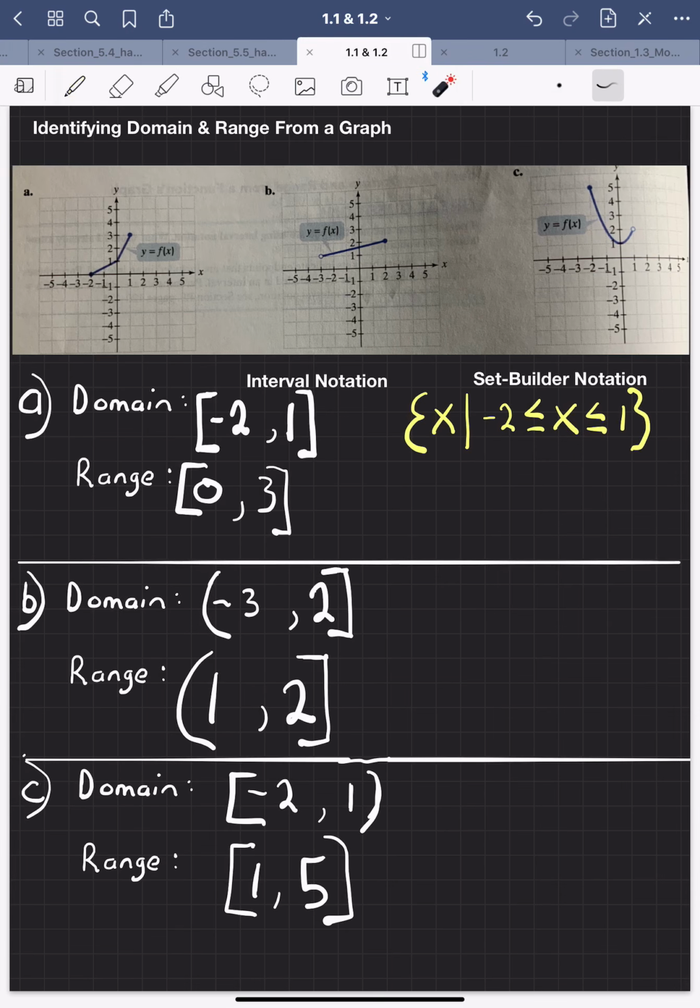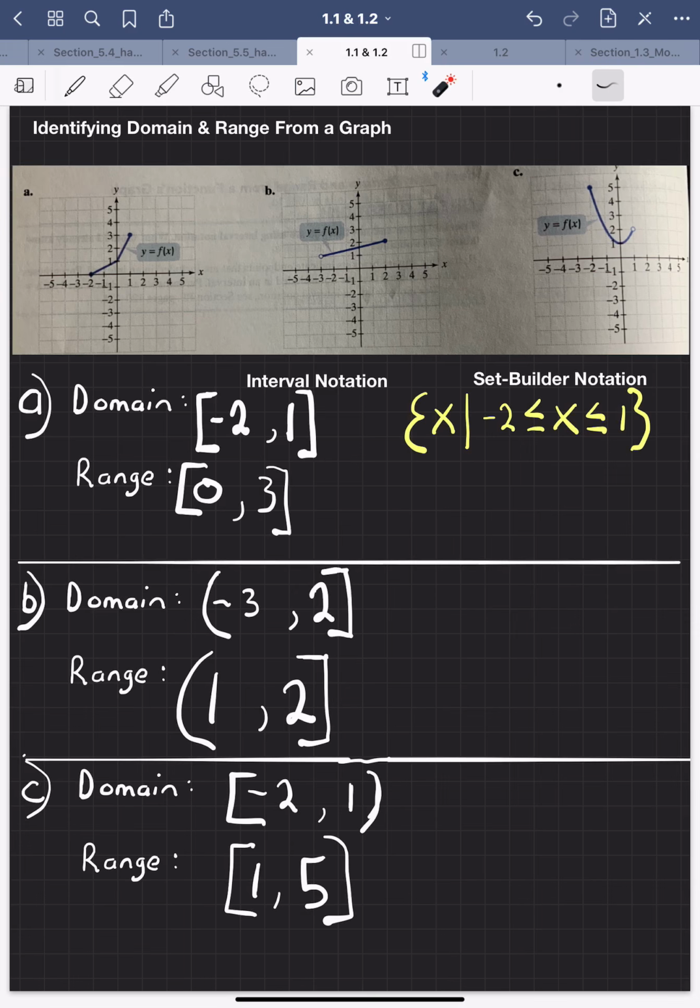Okay, so this is another way of stating the same thing.